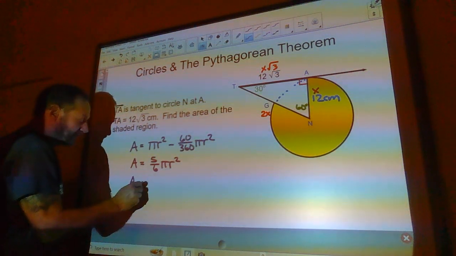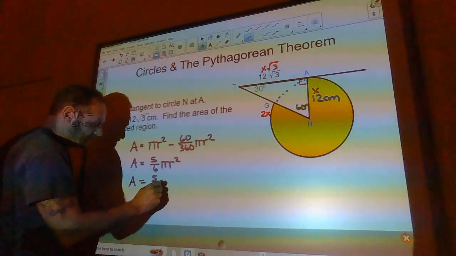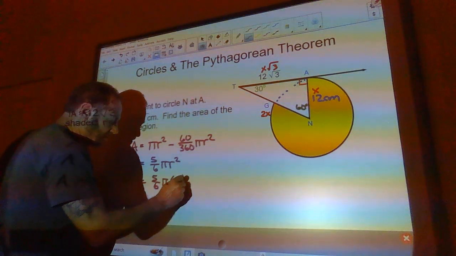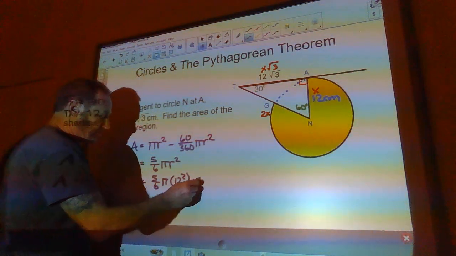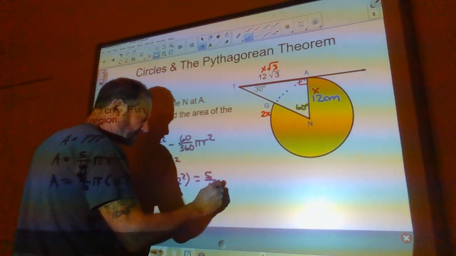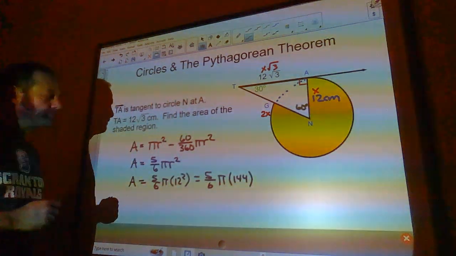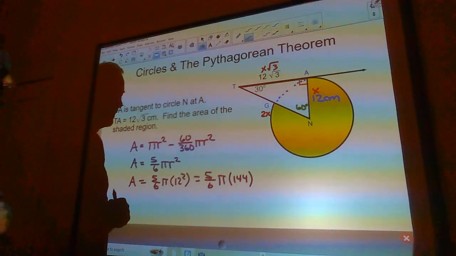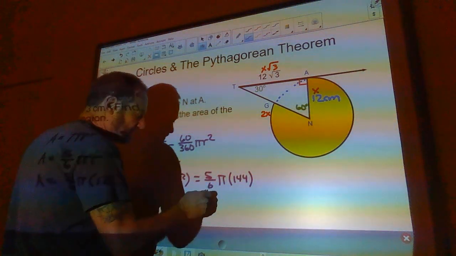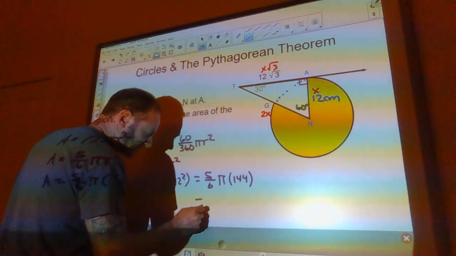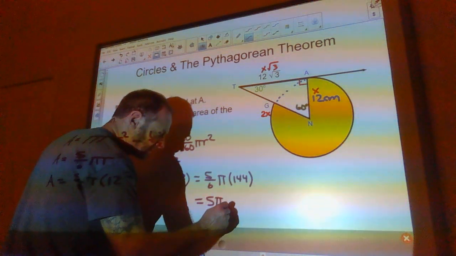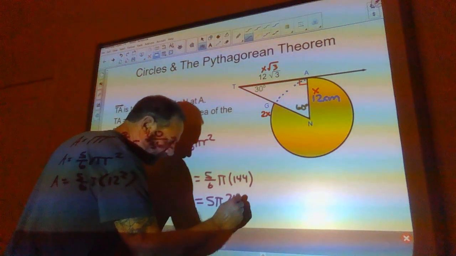Okay, and we know that our radius is 12. So this becomes 5/6 pi times 144. Okay, so 144 divided by 6, that's going to be 24.